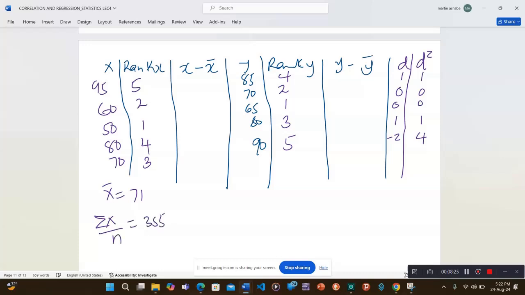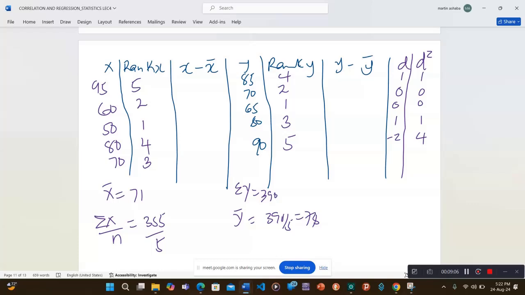This was 355 divided by 5, and that's what you get, 71. Then for y, we have 90 plus 80 plus 135 plus 85. The sum of y is equal to 390, so y bar is 390 divided by 5, which is 78.